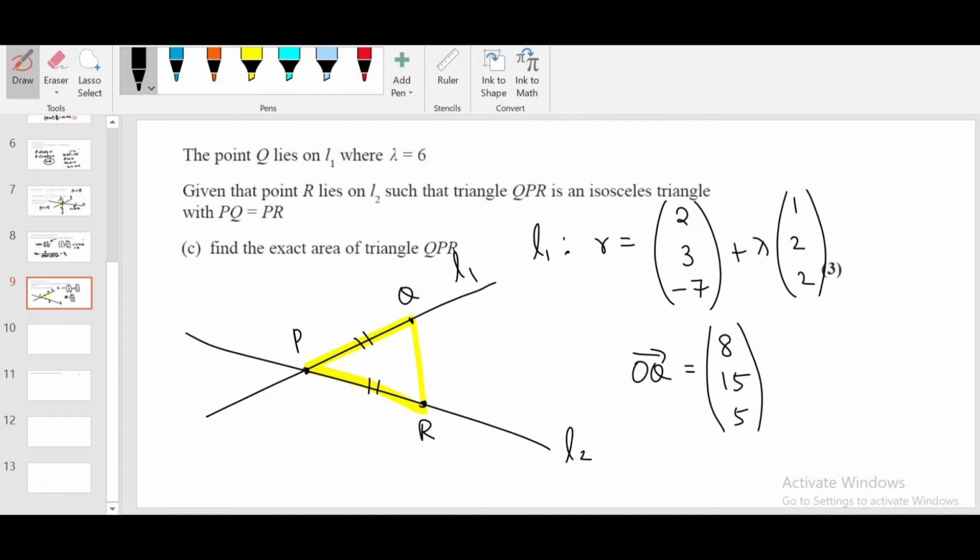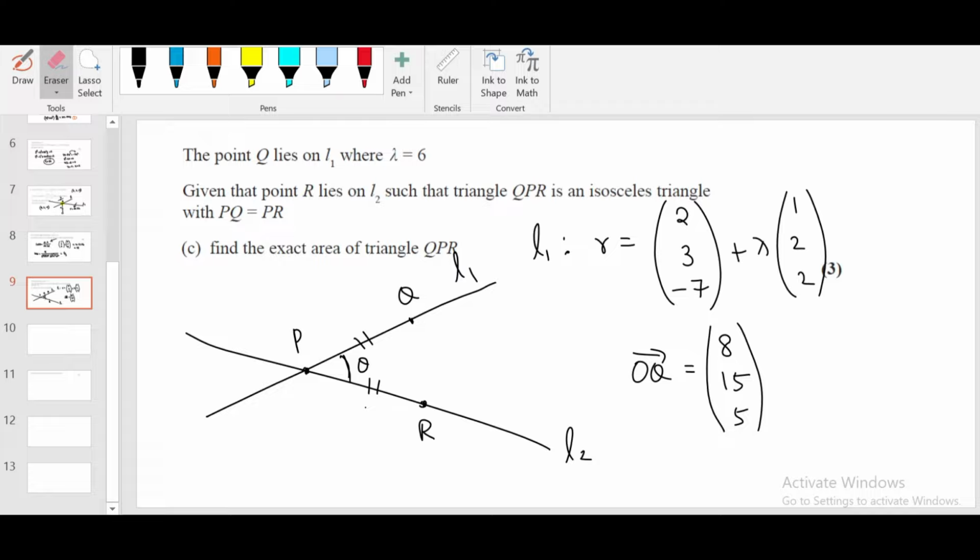If you know the length PQ, that would be the same length PR also here, and we already know cos theta, the angle between them. From there you can find sin theta, so the area is half AB sin theta. That's what we are going to do. So first let's find the length PQ.